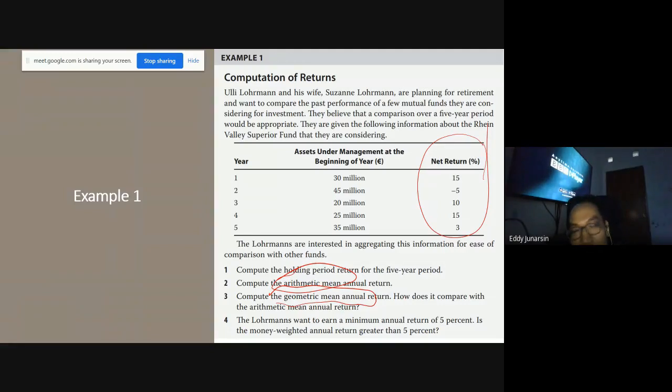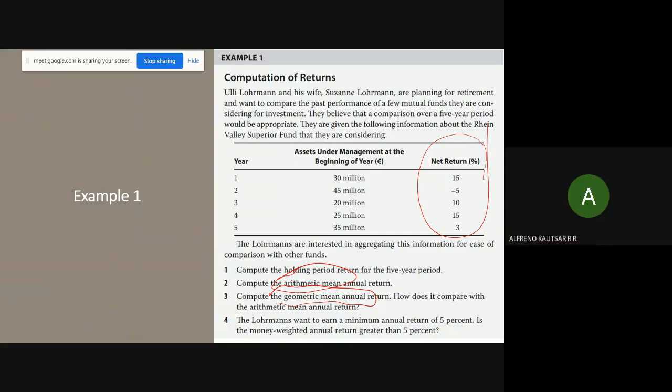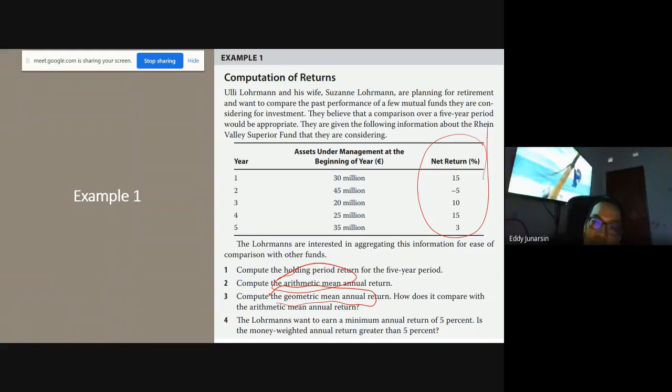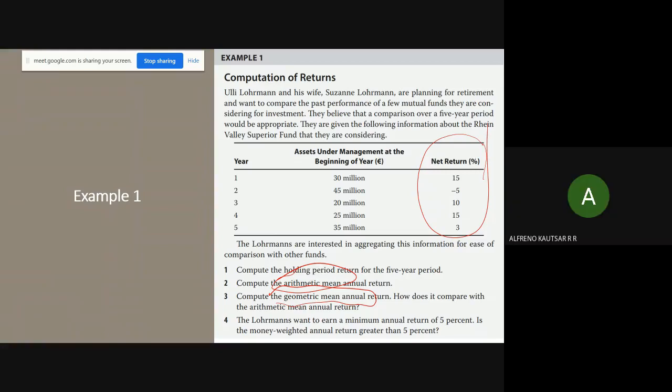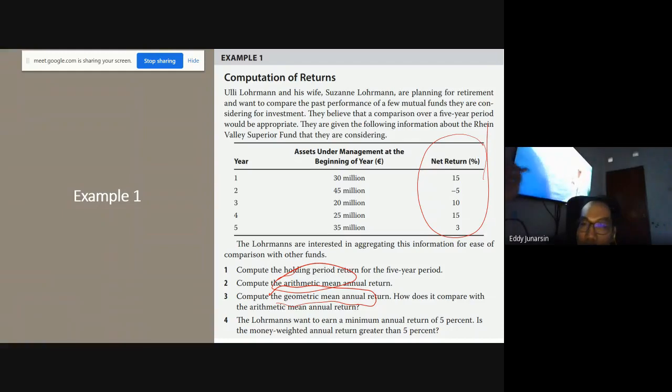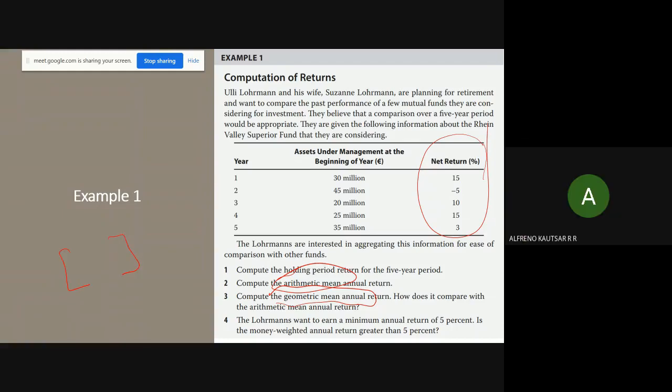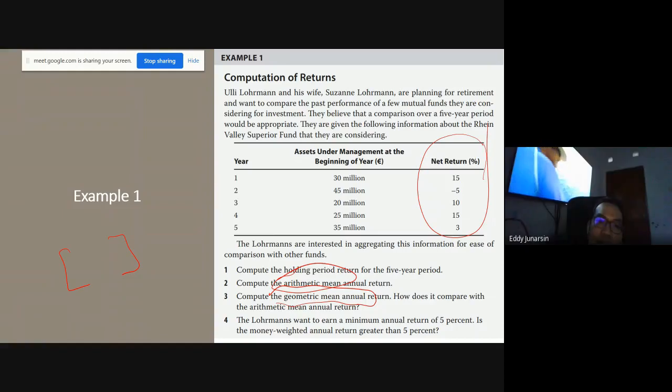How will you do it? 1 plus 15 multiplied by 1 minus 5, multiplied by 1 minus 5, multiplied by 1 plus 10, multiplied by 1 plus 15, multiplied by 1 plus 3, minus 1. Oh, to the power of? To the power of, wait, I forgot that one, sir. Anyone? To the power of what? Five. Yeah, to the power of 1/5. Minus 1, right? Okay, so you get what?